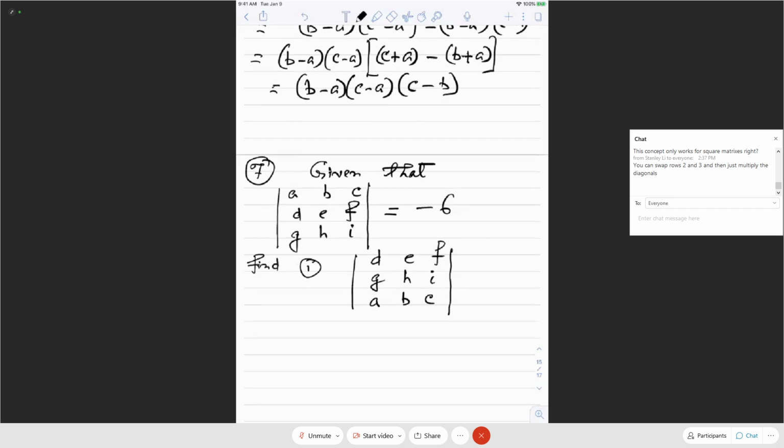Isn't it plus 6? Plus 6. Why? Let's see. The first row became the third row. Therefore, you introduce a negative sign. Yes or no? Yes. Then it becomes plus 6.